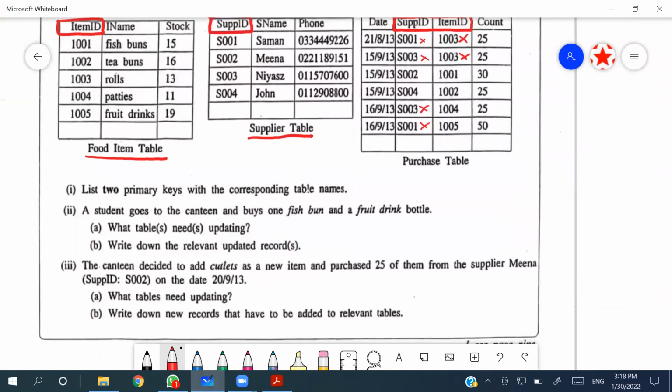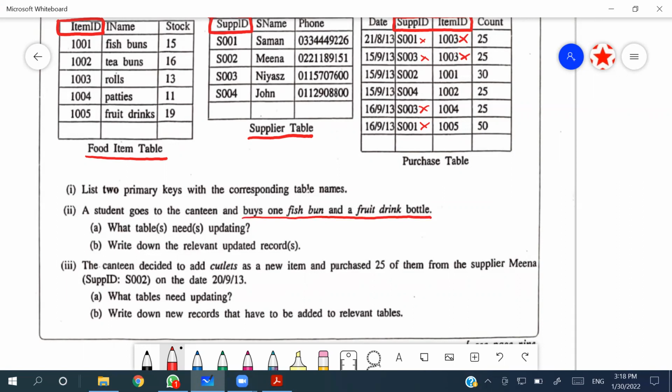So the next question: a student goes to the canteen and buys 1 fish bun and a fruit drink bottle. What table or tables need updating? Now what he's doing is going to the canteen and buying 1 fish bun and a fruit drink. That will directly affect the stock.